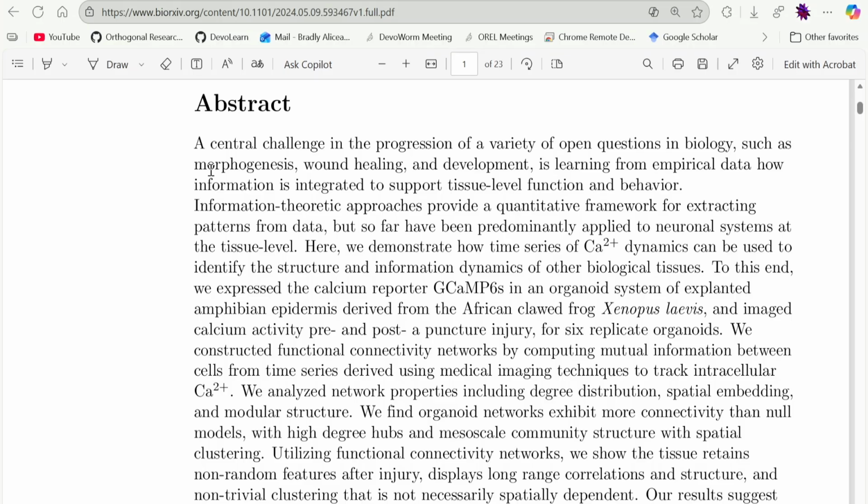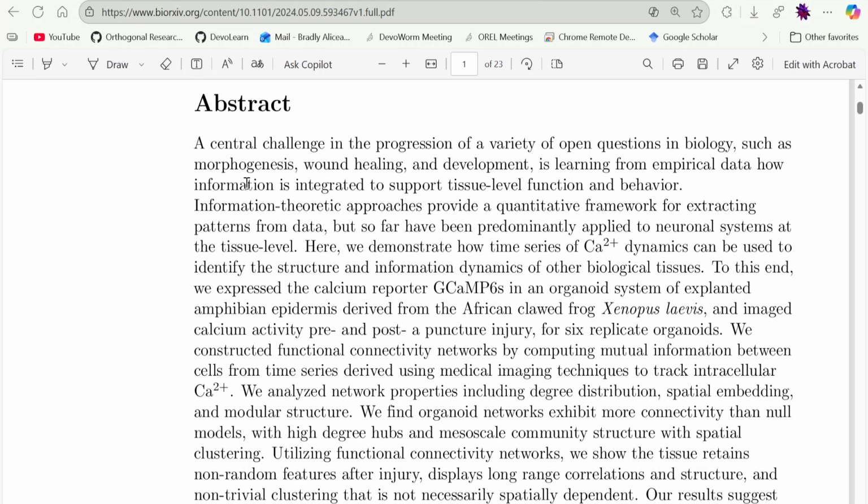There's information in there, and then there's an integration of information to support the formation of tissues. So the implication is that the cells below the tissue level form a network, and there's this integration of information in the network that supports the formation of tissues.